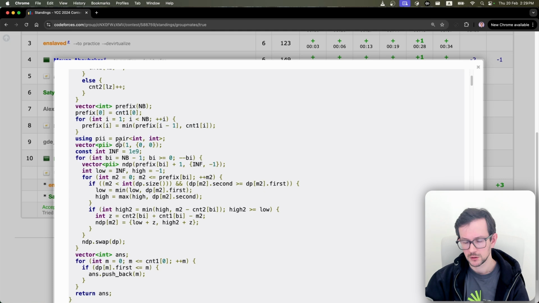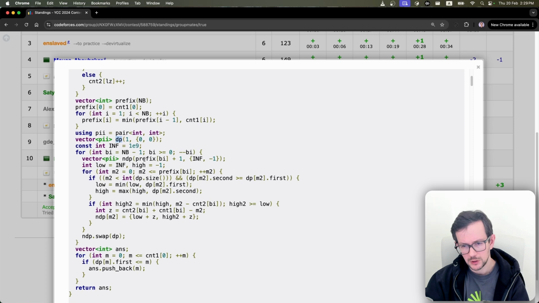DP. Interesting. It's a nice solution. I'm not sure what you're doing here. So since it's dynamic programming, I'm not sure what it does.